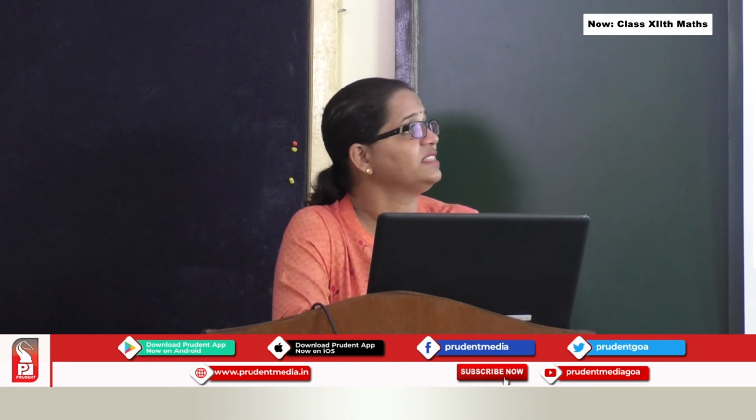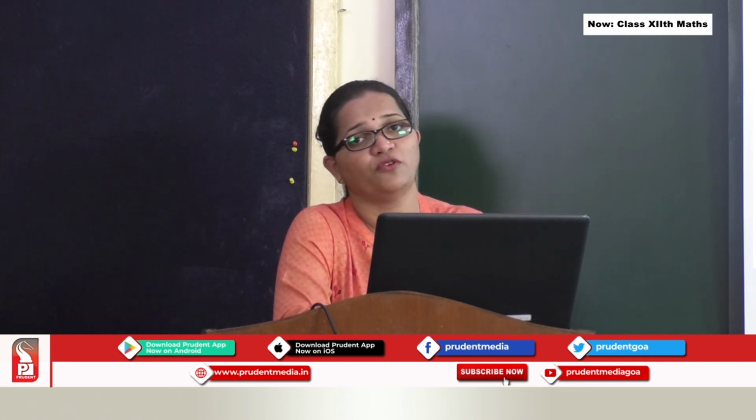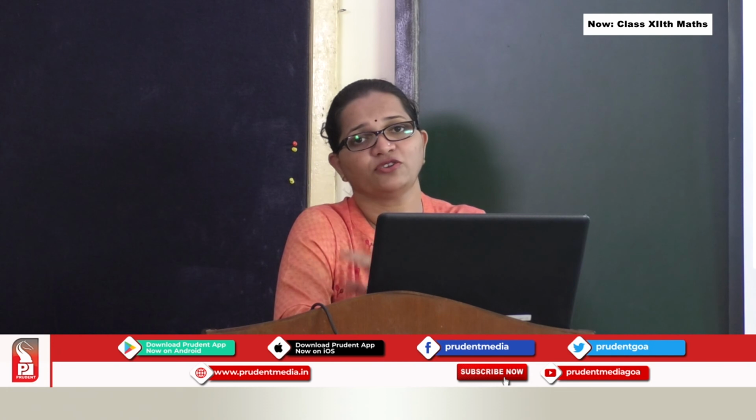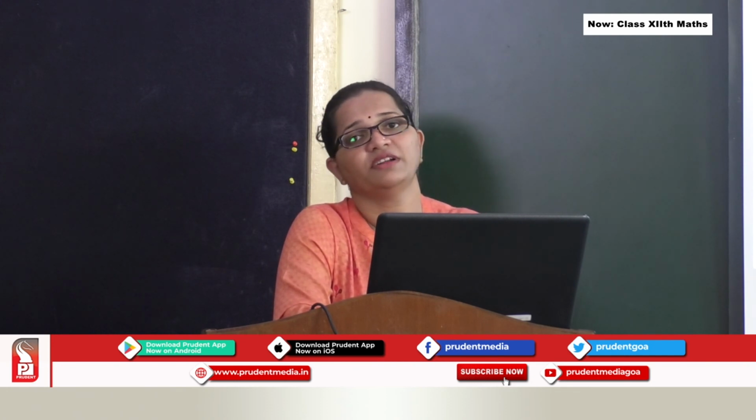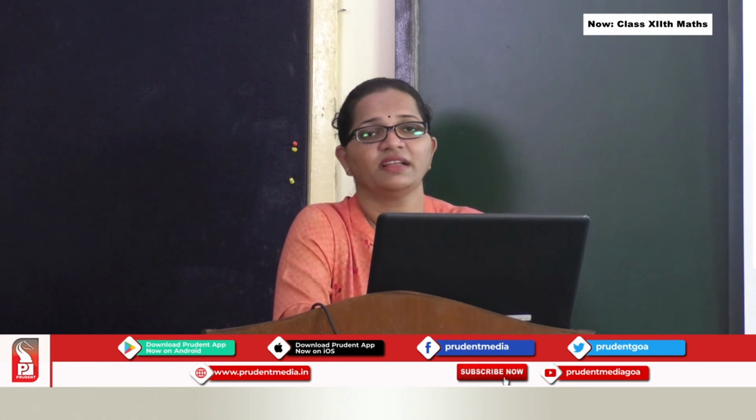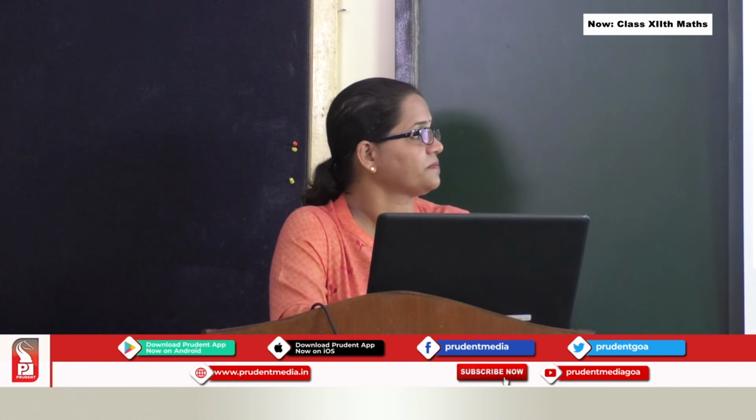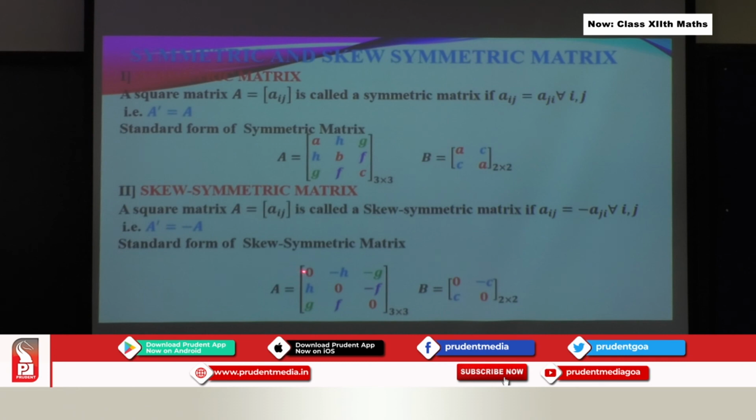So if you have this pattern in a square matrix of order 2, by direct observation you can say the given matrix is a symmetric matrix. Now look at the standard form of a skew symmetric matrix. Along the principal diagonal, all the elements are 0. This is very, very important.